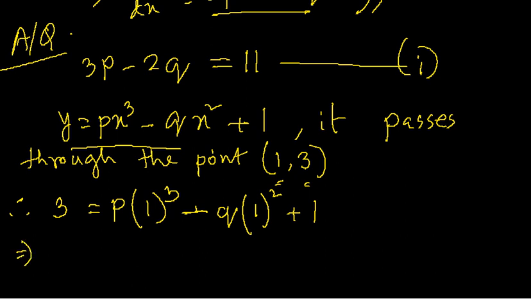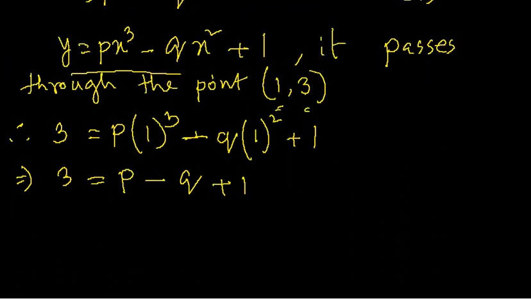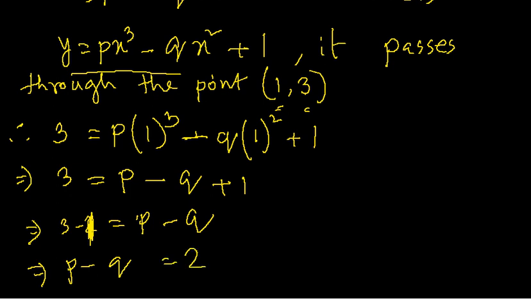So from here we can write 3 equals p minus q plus 1, or 3 minus 1 equals p minus q, that is p minus q equals 2. This is equation number 2.